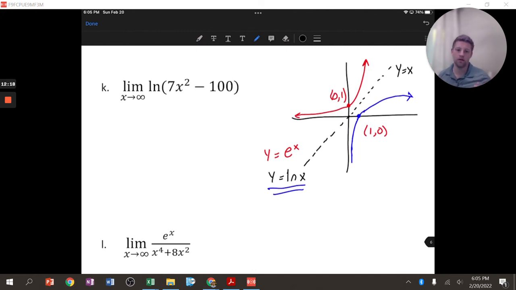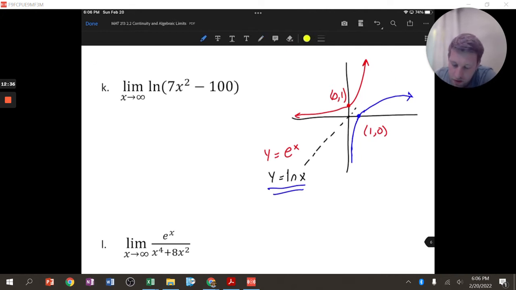And this gives us a good idea of what's happening to these functions as x trends to positive or negative infinity for both cases. So if I considered this limit for this natural log function as x gets really, really large, notice that with our blue natural log function, as x gets really, really large, we are increasing here.